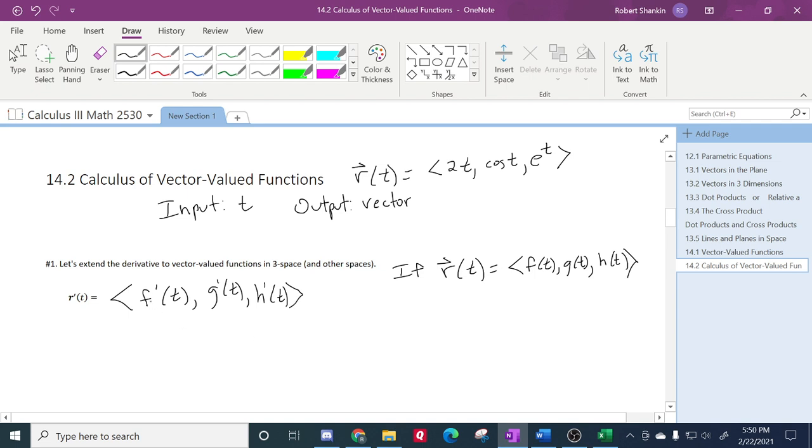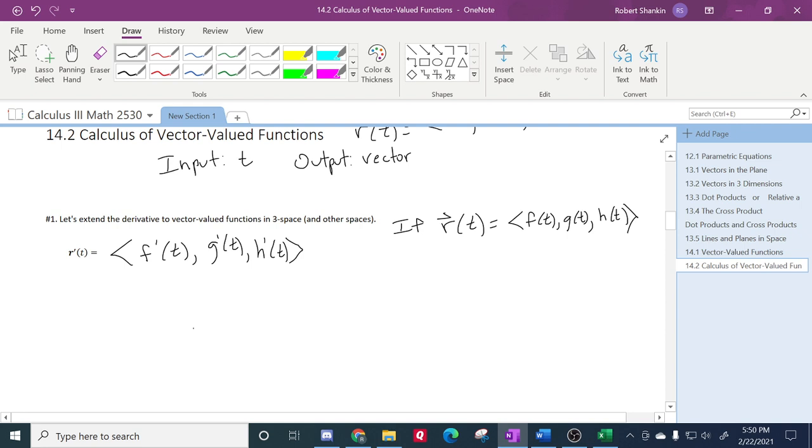So that's one way we could define it. Just 3 different functions, take the derivative of each one. Anybody else have another suggestion as to how the derivative could have been defined?